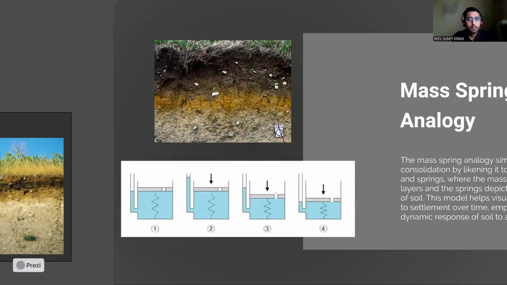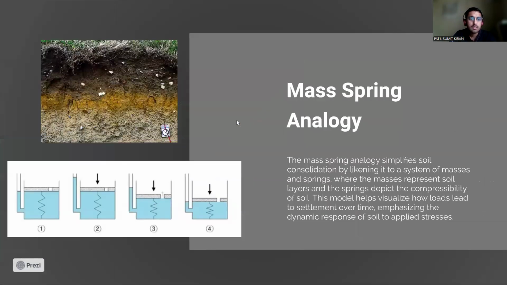So next is the mass spring analogy. This is the mass spring analogy. It is one type of experimental setup using a spring and mass applied on a base plate provided on that spring, where we can see the behavior of the soil after application of the load, as well as the water rise and the effect of pore water pressures after application of certain loads.